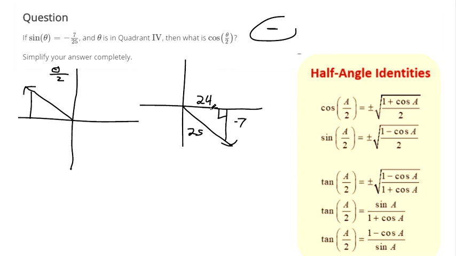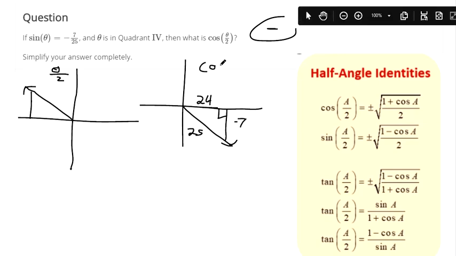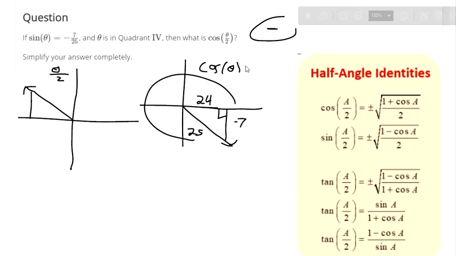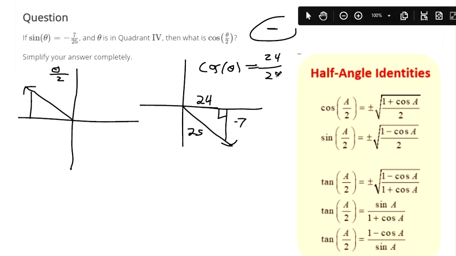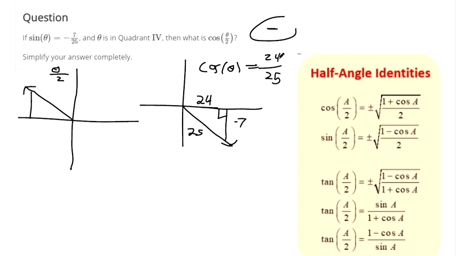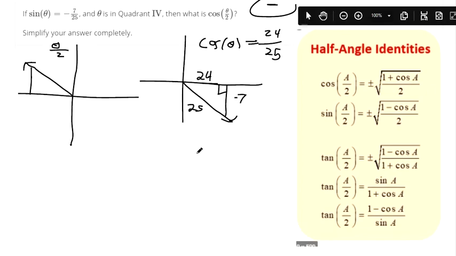Yeah, so now that we know the adjacent, we can say cosine of theta is the adjacent divided by the hypotenuse. And now we can plug that into our formula.